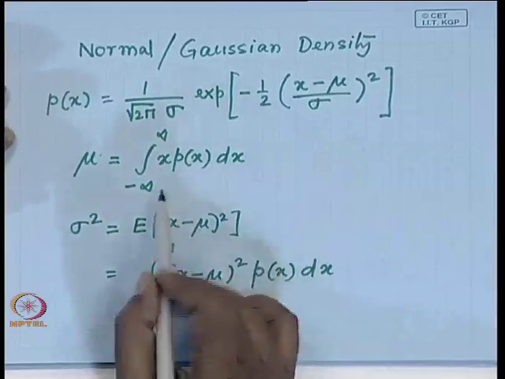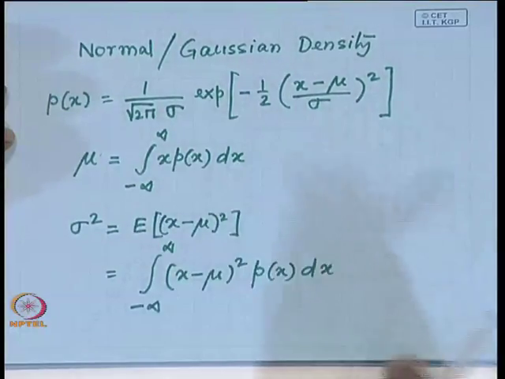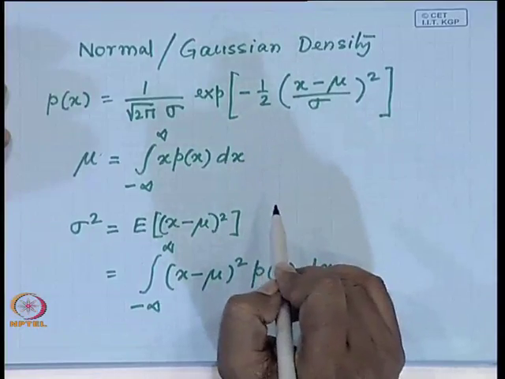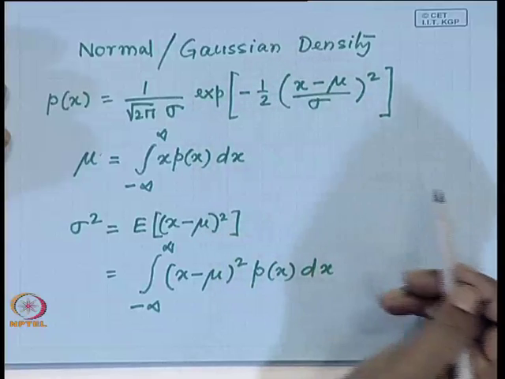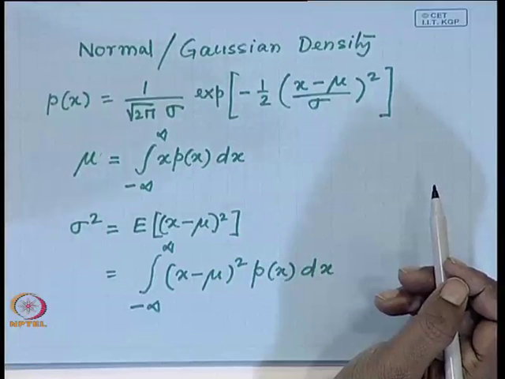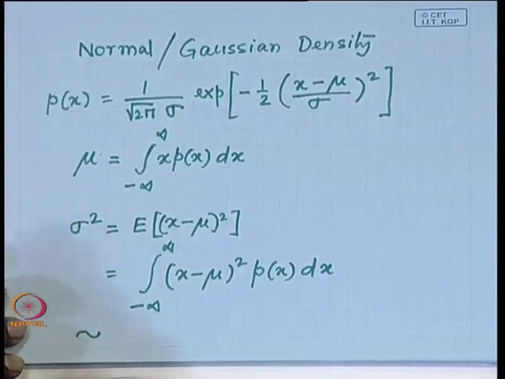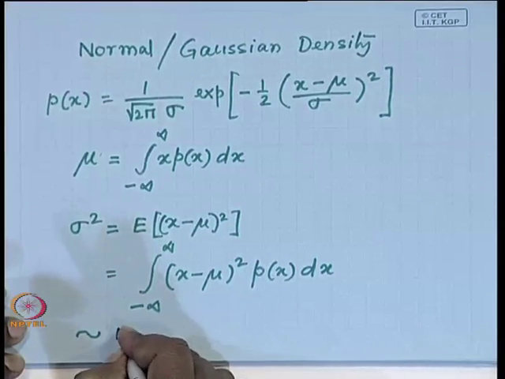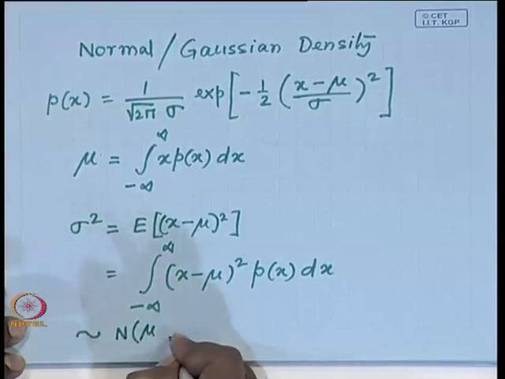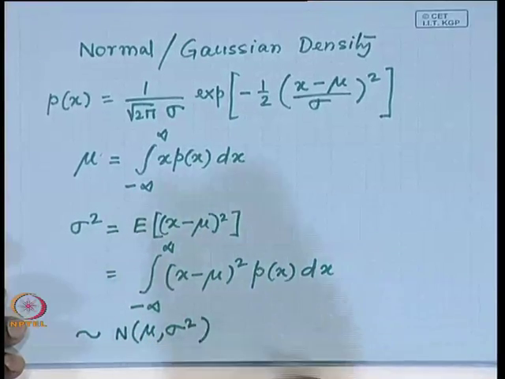This particular probability density function is specified only by two parameters: one is the mean value mu, the other is the standard deviation sigma or the variance sigma square. If I know the mean value and the variance, then I know what this probability density function is. In short, this normal PDF is also written as N(mu, sigma square).